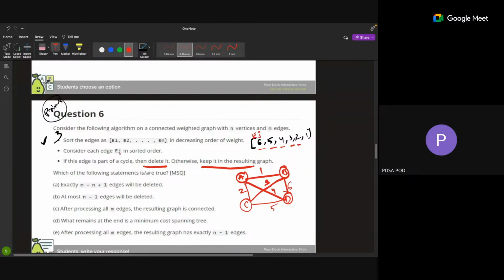Now we are considering the first edge. The first edge we are selecting is 6. Is it participating in the cycle? See, if the edge is part of a cycle, then delete it. Is it participating in the cycle or not? 6, is it participating in the cycle or not? It's participating, no? Hello?